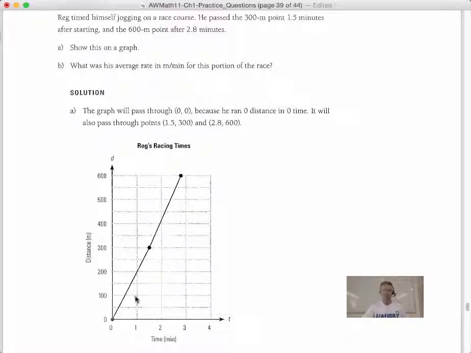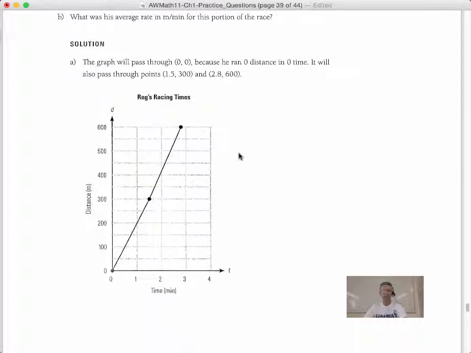After 2.8 minutes, which is about here, he has reached the 600 meter mark, so we put a point here with 600. So that's our graph.